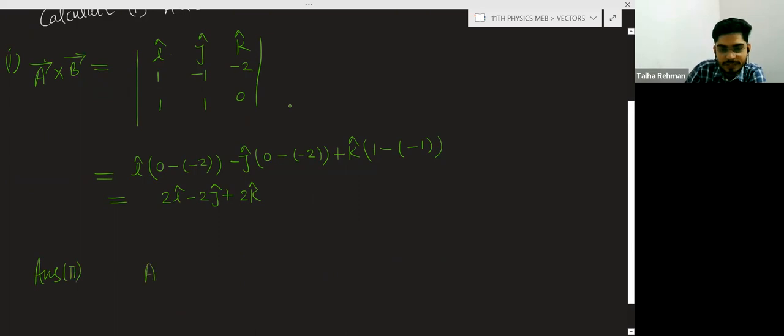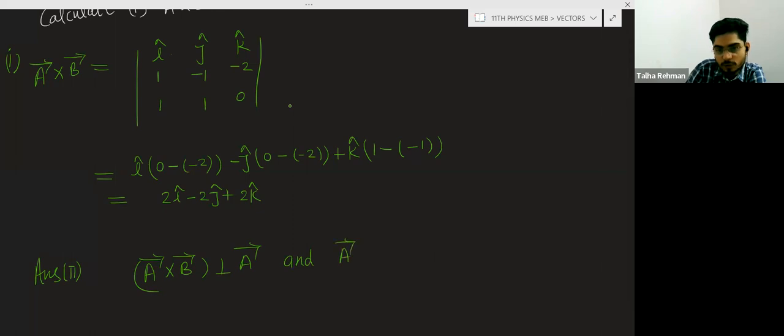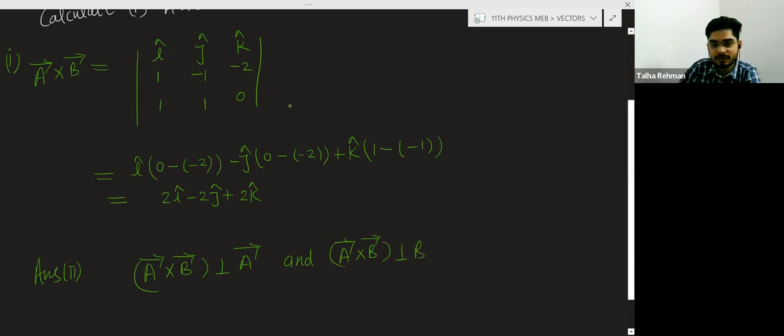We know that we have calculated this A cross B. This A cross B is perpendicular to the A vector, and it is also perpendicular to the B vector. This vector will be perpendicular to both vectors, because I have told you earlier also that A cross B is perpendicular to the A vector and to the B vector.